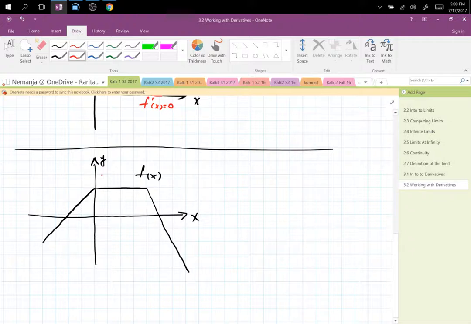We have the first piece, the increasing piece, and what do you think the derivative would be for that piece? 1. Very good. So the derivative would be 1 up to the y-axis. Why is it 1? It's the slope of the black line.